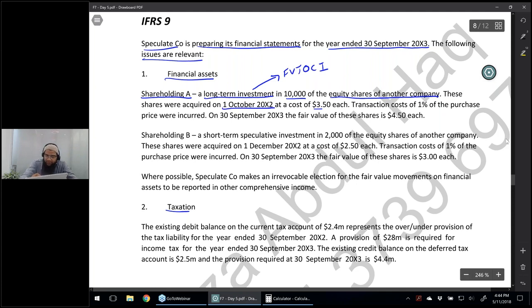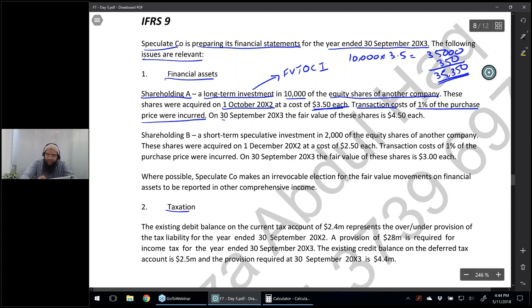So 10,000 into 3.5 would become $35,000. Transaction cost of 1% of the purchase price was incurred. So 1% means 350. In fair value through OCI, we normally capitalize the transaction cost. So the cost would become 35,350.